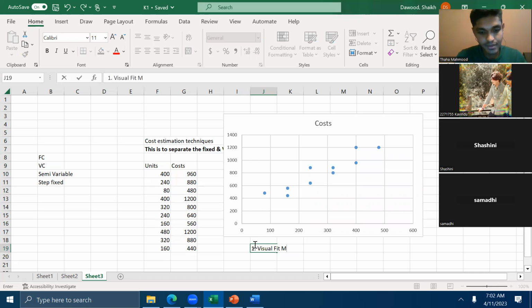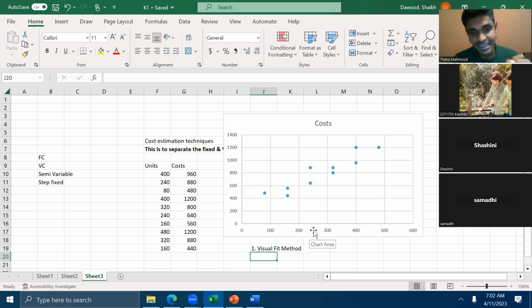In the visual fit method, we will use our own judgment and draw a trend line like this. No calculations involved. Based on the trend line, we will find out how much is the fixed cost.